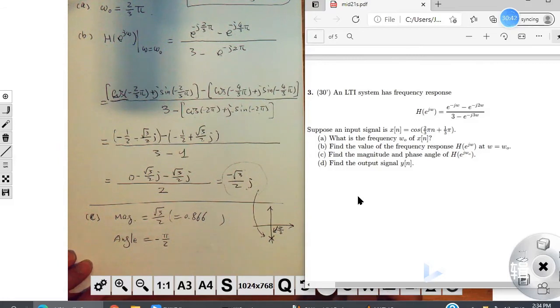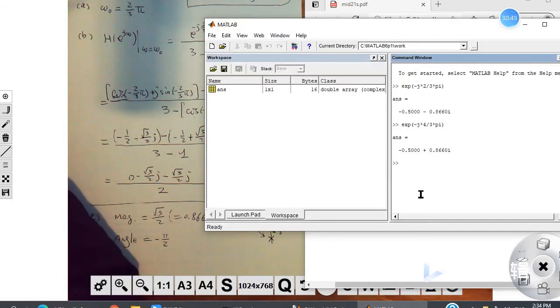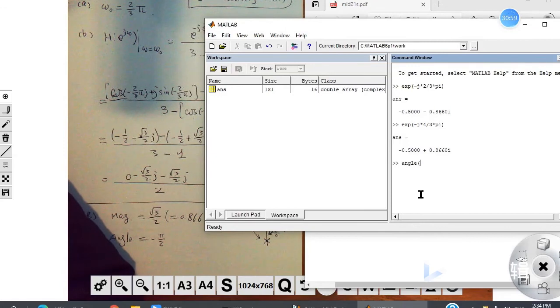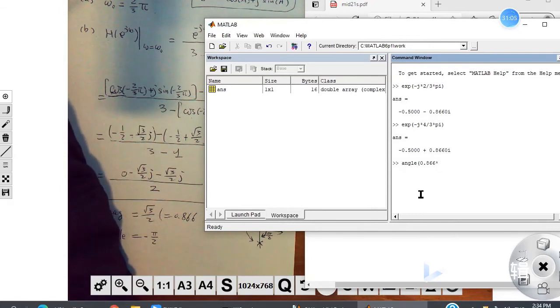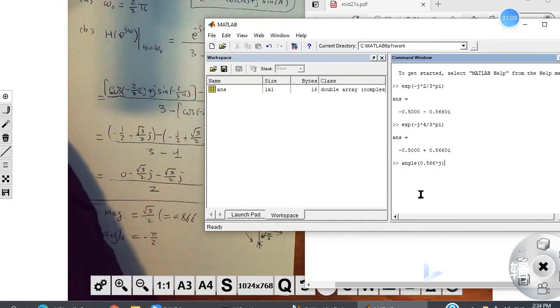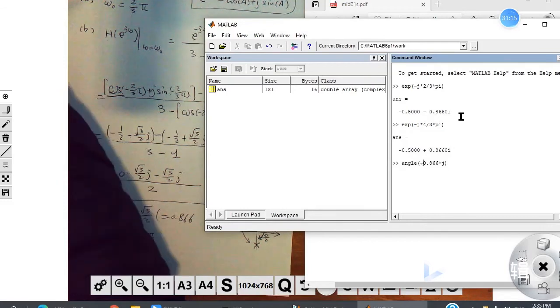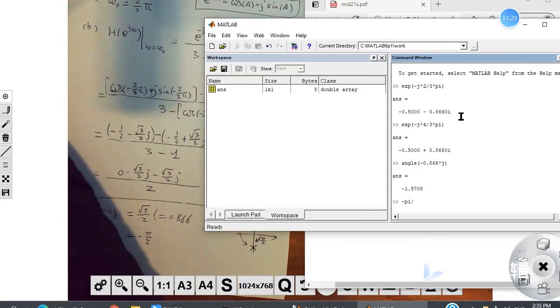You can also use MATLAB to get it. The angle of negative 0.866 times j, this is negative pi over 2.